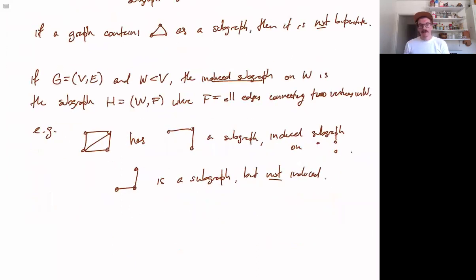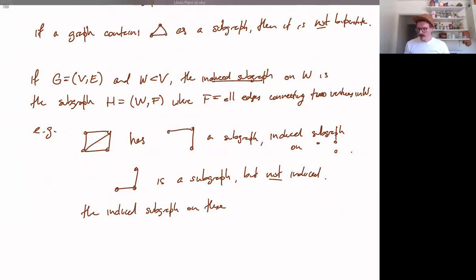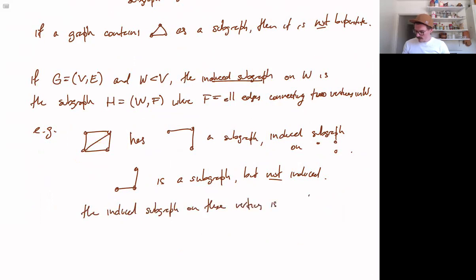The induced subgraph on these vertices, so if we consider these three vertices and look at all the edges connecting them, we should get this whole part of the graph. So the induced subgraph on these vertices looks like that.